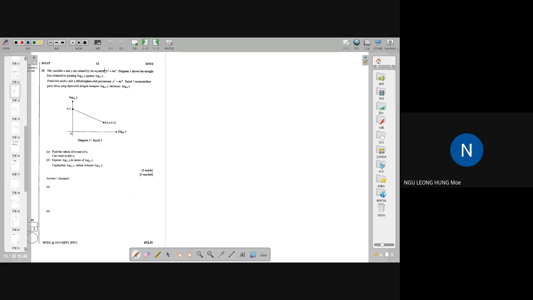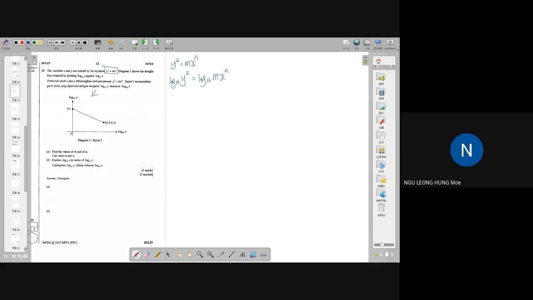First of all, you tengok equation yang dibagi, y square equal to m x power of n. Tapi gambar yang dia bagi ada log, log dia asas dia 10, base dia 10. So that means log 10 y square equal to log 10 m x power of n.